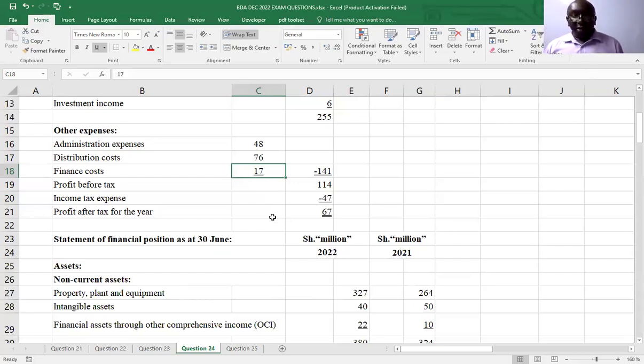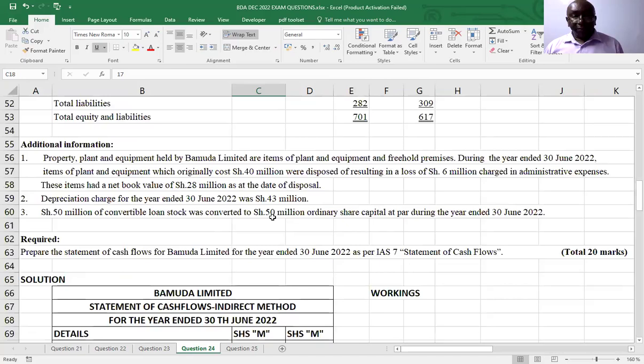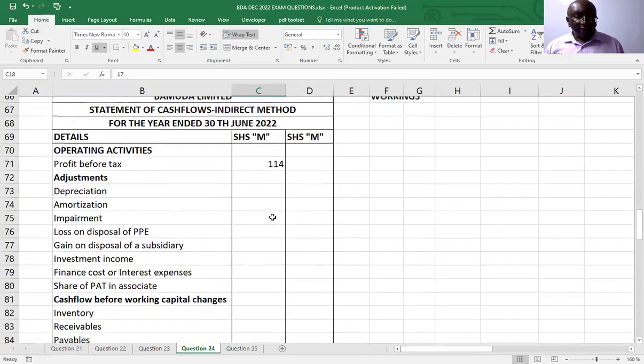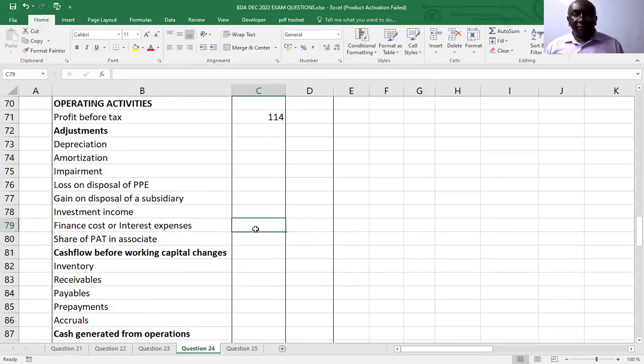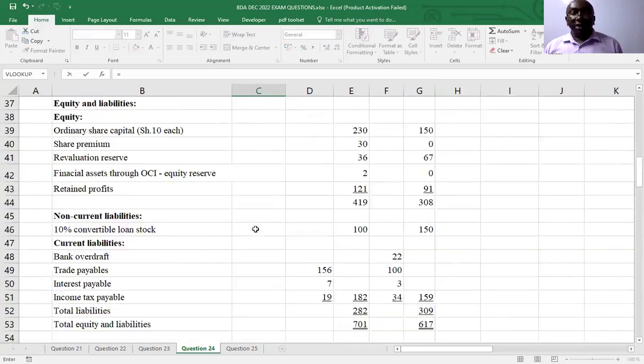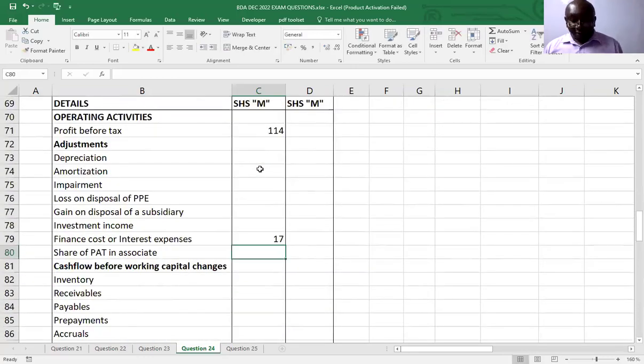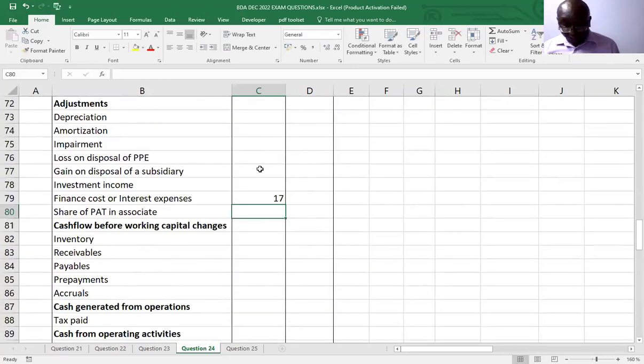So I will come here where I had mentioned finance cost, and I say equals, I bring this 17. The finance costs should be brought there.